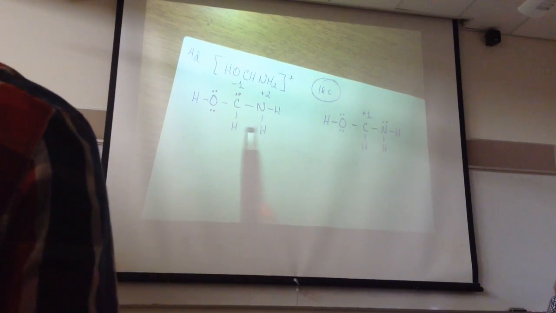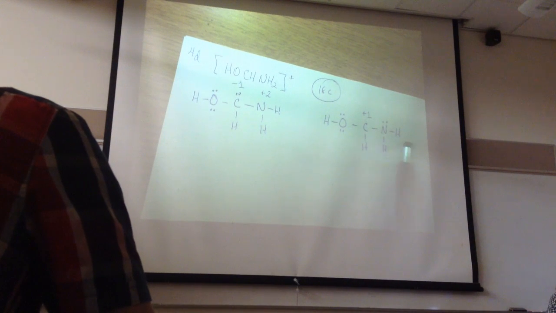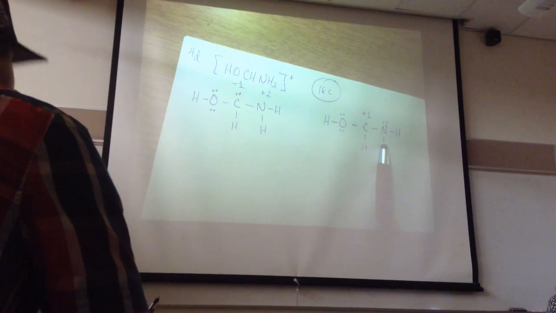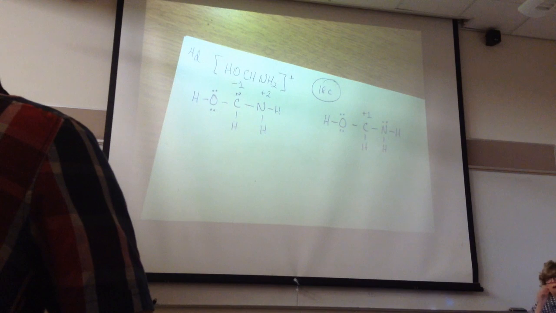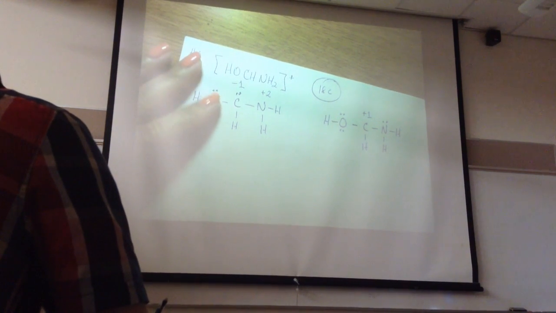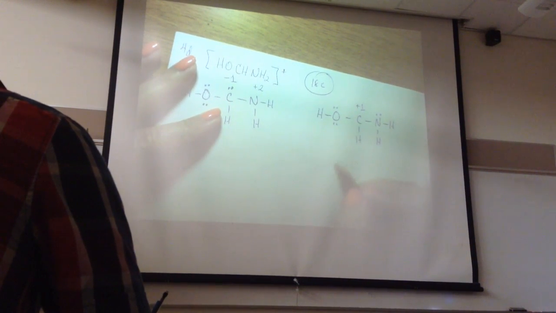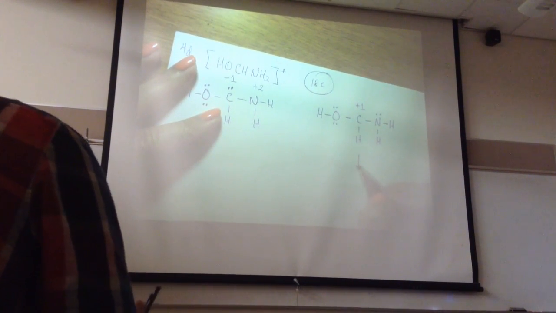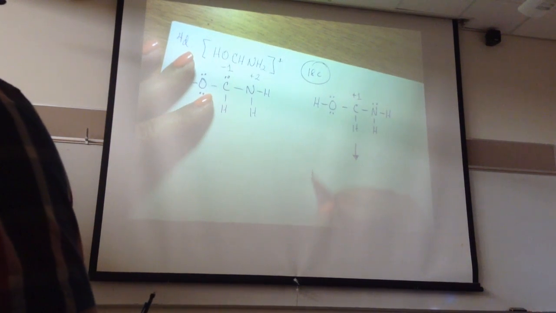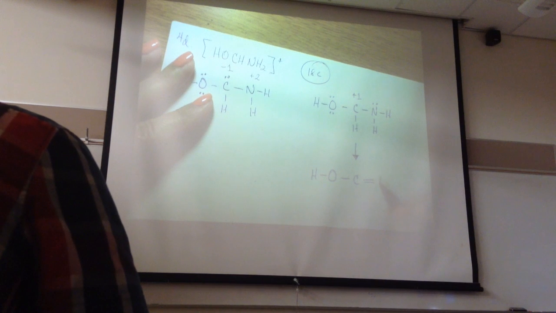Yes, I don't have a full octet, but I am the more electronegative, and I have the electrons that I have in my common bonding patterns. Is there a best resonance form? Yes, the best is recognizing that you can actually have the nitrogen with a double bond.